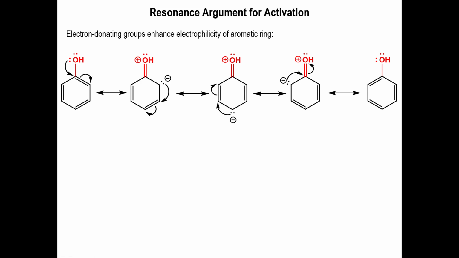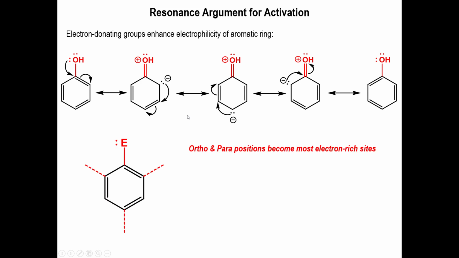All right, so what we're seeing right now from all of this movement of electrons is that the ortho positions in respect to the original substituent, right? So the ortho position here on the right, the ortho position there on the left, and the para positions are the ones where we generate the most electron density. In essence, that's where we generate the carbon ions as we go through the resonance structures.